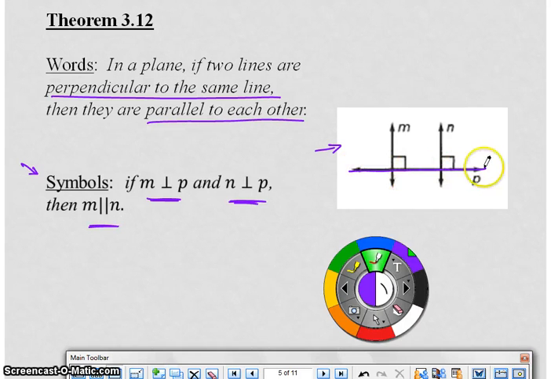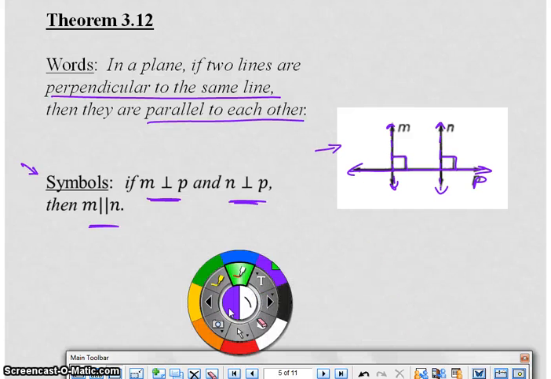Here's your P. We've got that labeled. M right here makes a 90-degree angle with that. N right here also makes a 90-degree angle with that. So if these two both form right angles with P, then M and N have to be parallel.